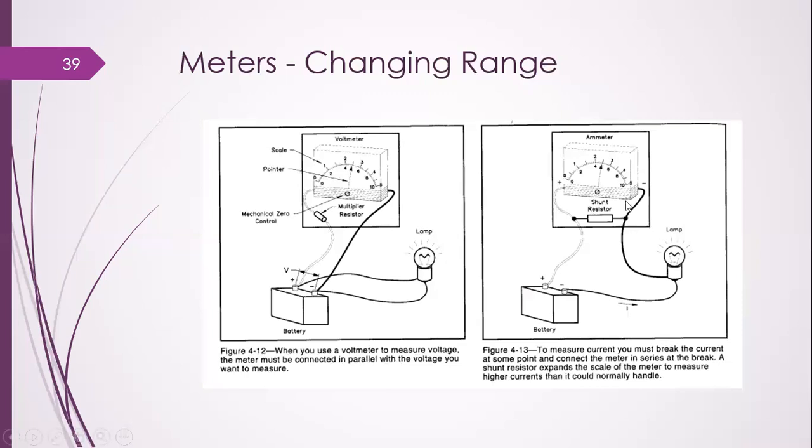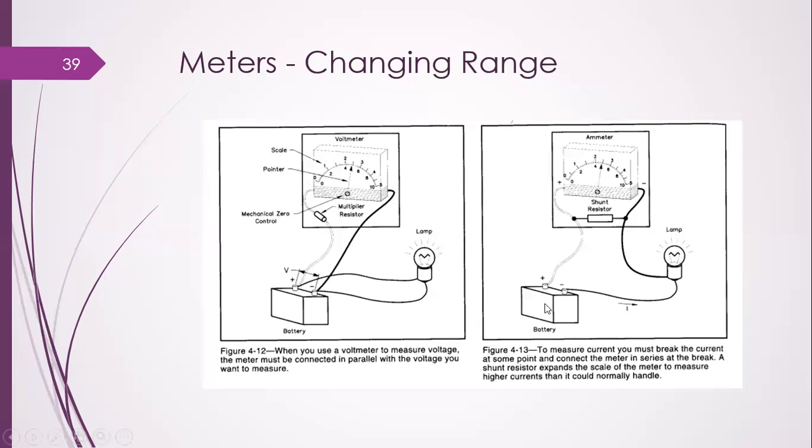Okay, if we need to measure the amperes of a particular circuit, meaning how much current is drawn by this lamp, we need to connect the meter in series in the circuit, between the battery and the lamp.